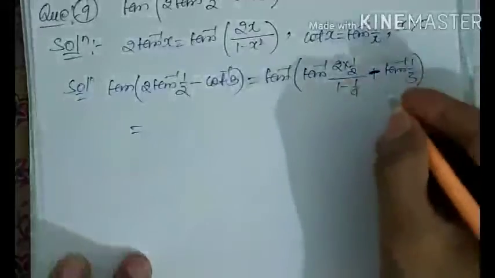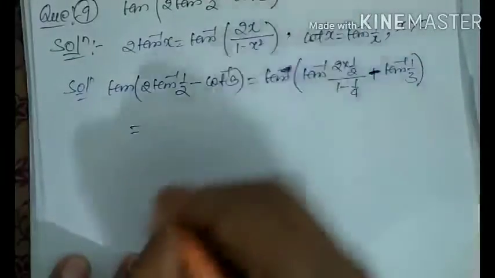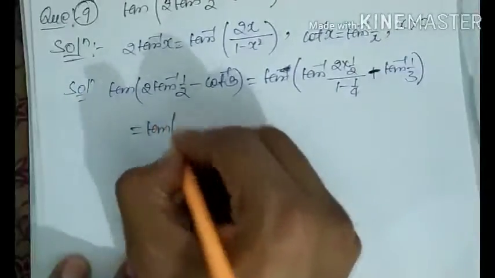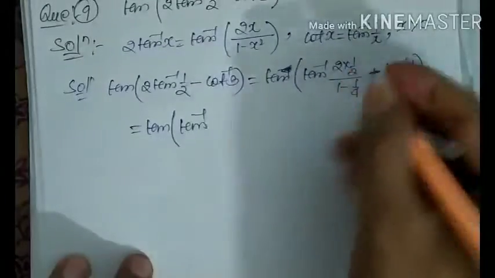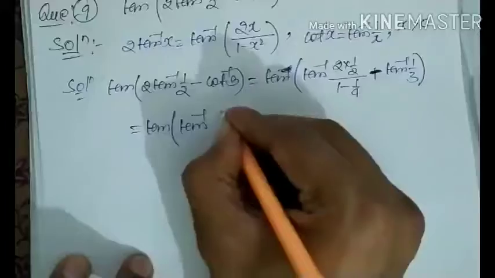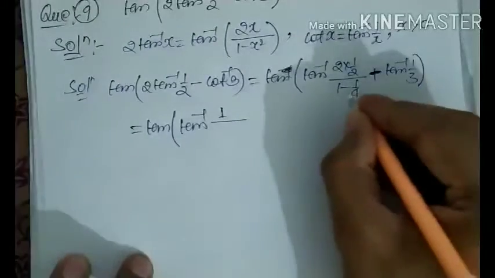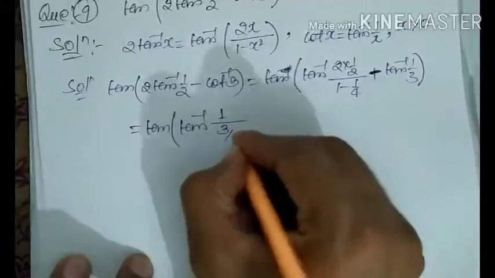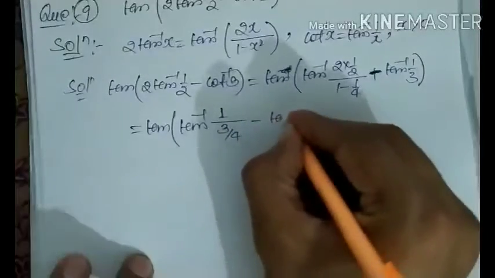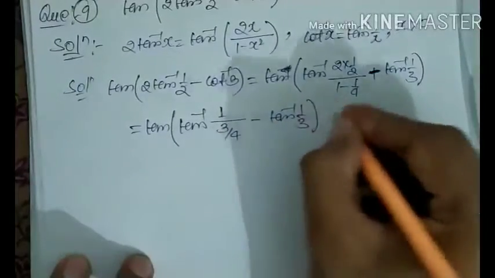Then it will be tan of tan inverse 2 into 1 by 2 will be 1 upon 1 minus 1 by 4, meaning 3 by 4, minus tan inverse 1 by 3.